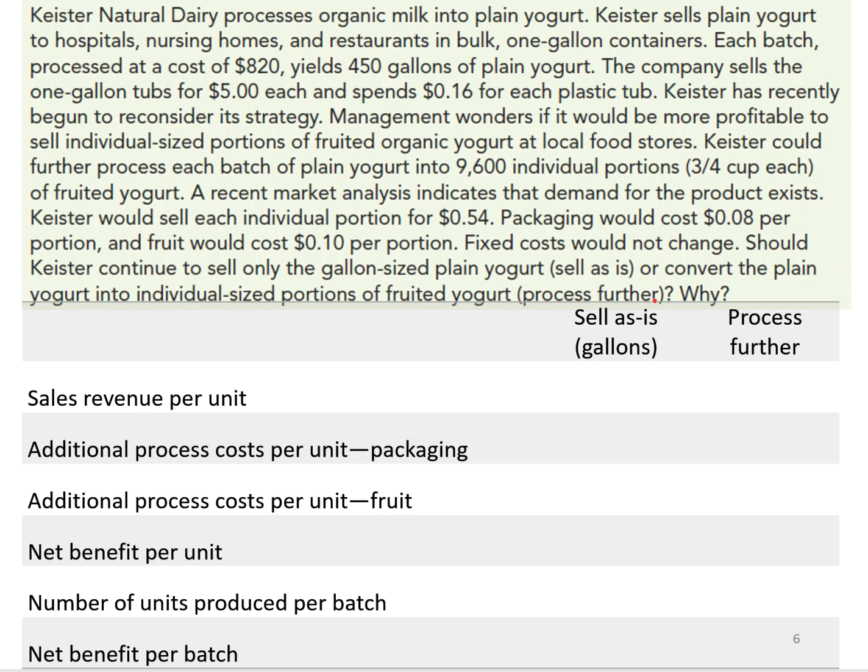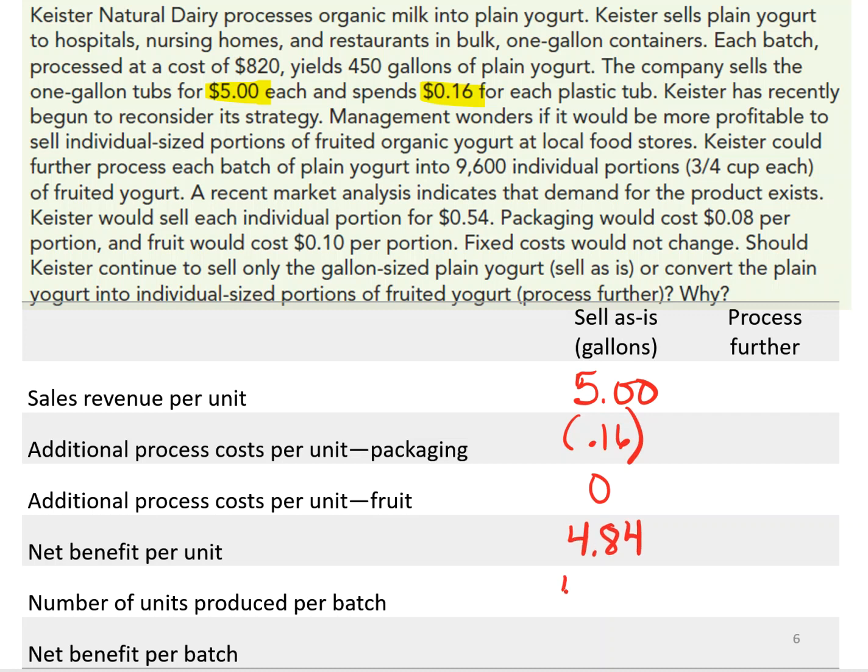So if they go ahead and sell a gallon, they can sell those tubs for $5 each, and it costs them 16 cents per tub. So $5 in revenue, and then it costs them 16 cents for packaging. If that's the case, and there's no fruit involved, they are essentially making $4.84 on every gallon of yogurt sold.